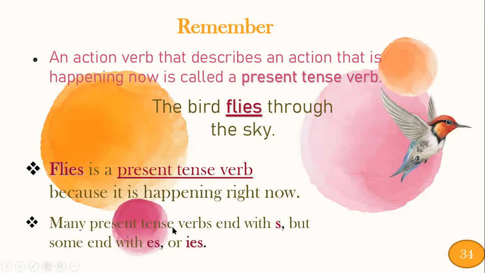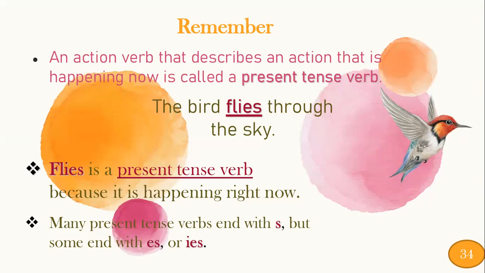So when we have a singular subject, if you still remember, some verbs should take s, but some verbs take es or ies. It depends on what they end with. Okay. So if the verb ends with o, s, sh, ch, x, or z, what does it take, guys? Do you still remember? Yes, es. Yes, excellent. But when does it take ies?